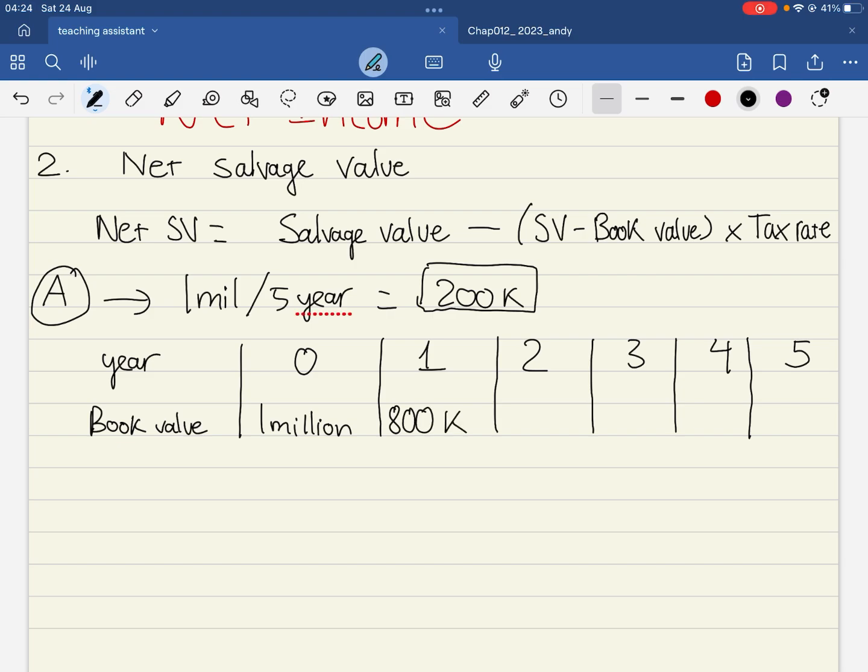The same thing happens in year 2, and it becomes 600k. Year 3, 400k. Year 4, 200k. Finally, at the end of the period, it is fully depreciated and the book value becomes 0. Hopefully this explanation helps you easily understand what the book value is.